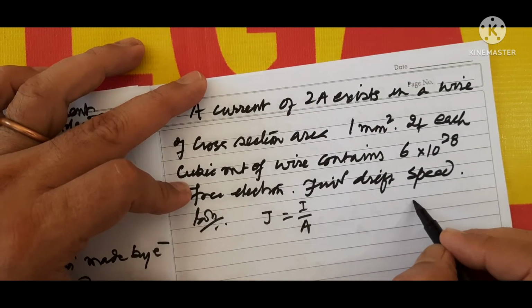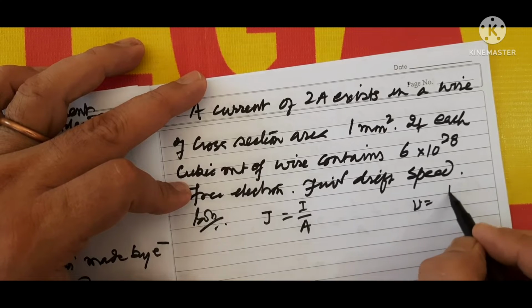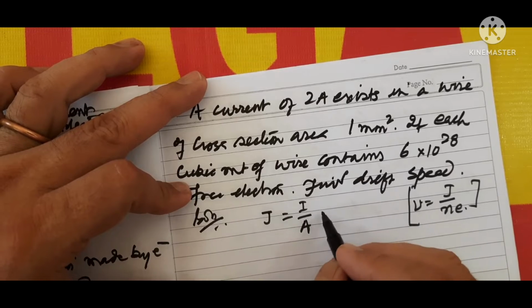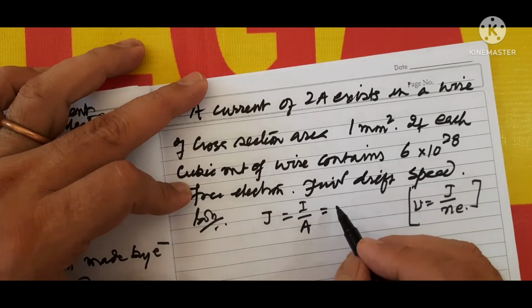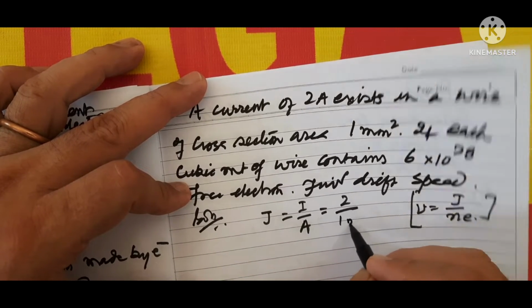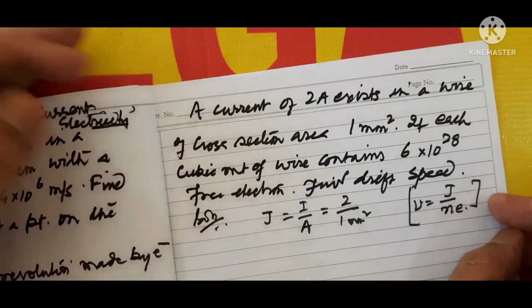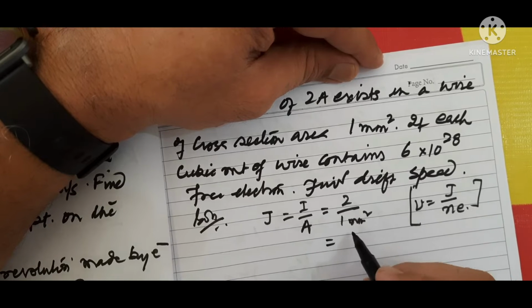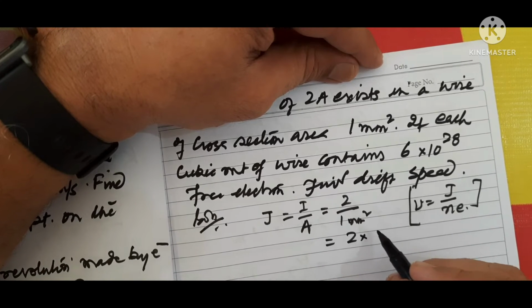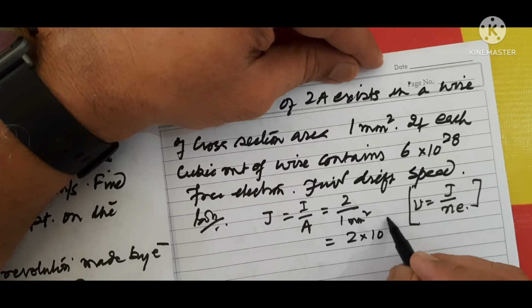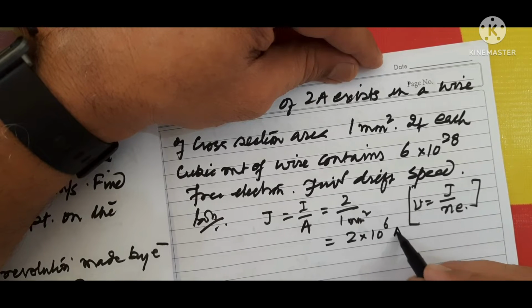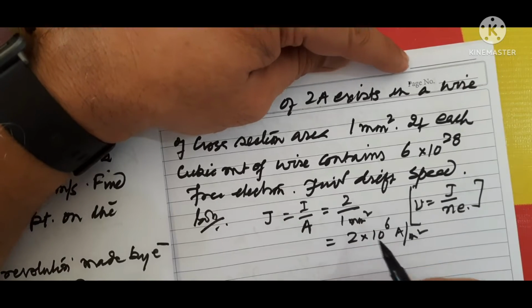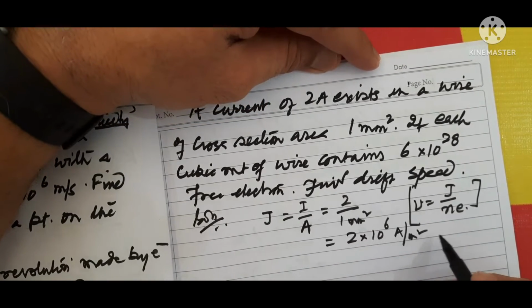Because drift velocity is equal to J by NE. That is the formula. So current density we can easily find out, 2 by 1 millimeter square, right? That comes out to be 2 into 10 to the power 6 ampere per meter square.